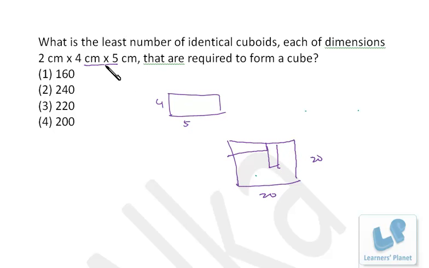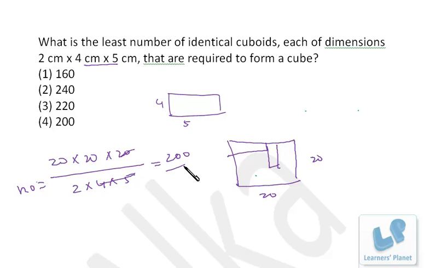So the volume of the cube that is being formed is 20 into 20 into 20, right? Now the volume of the cuboid is 2 into 4 into 5. So if we divide the volume of the cube by the volume of the cuboid, we will get the number of cuboids required. So that's 200. Pretty simple. Okay.